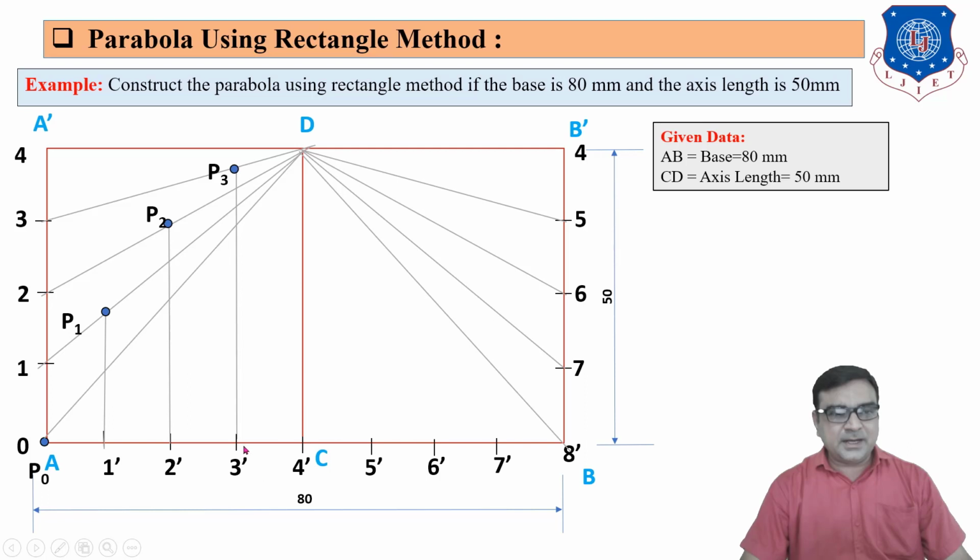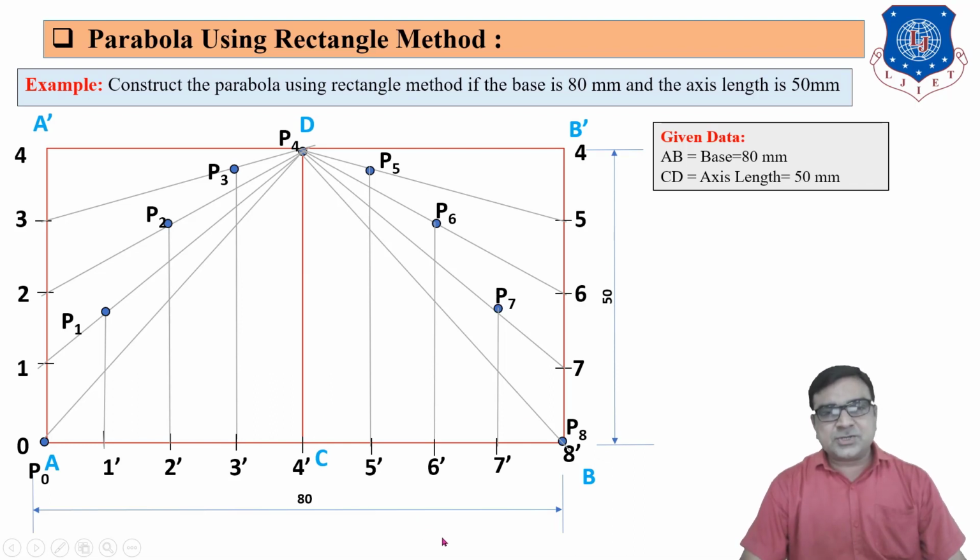Similarly D3 and vertical line from 3 dash give P3. D is denoted by P4. Similarly vertical line from 5 dash and D5 intersect, then 6 dash and D6, 7 dash and D7, and mark the intersection points. So here P0, P1, P2, P3, P4, P5, P6, P7, P8 are the points of parabola.